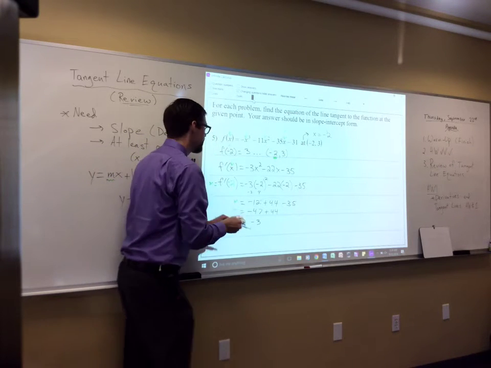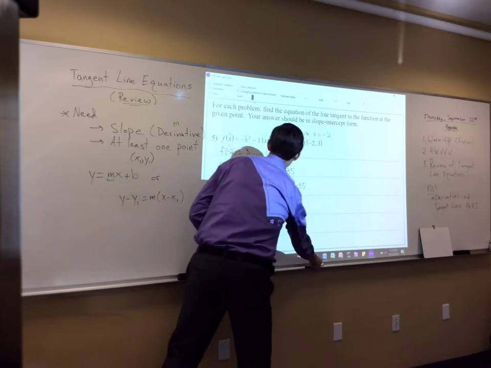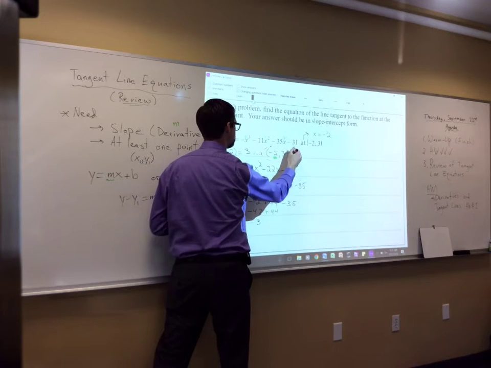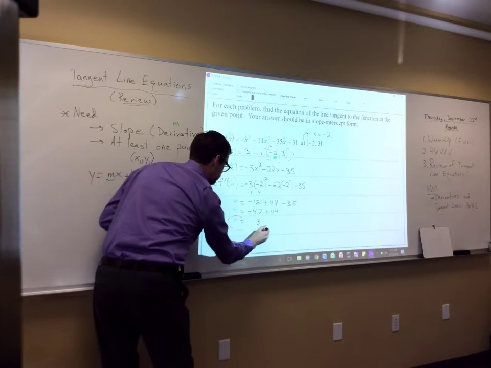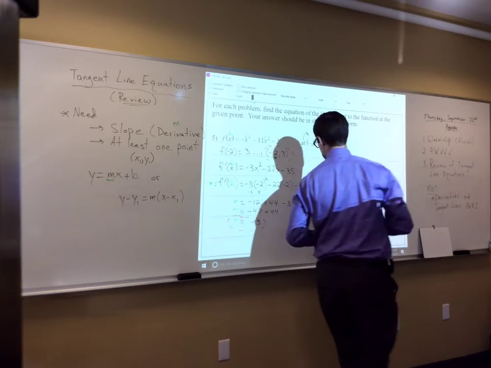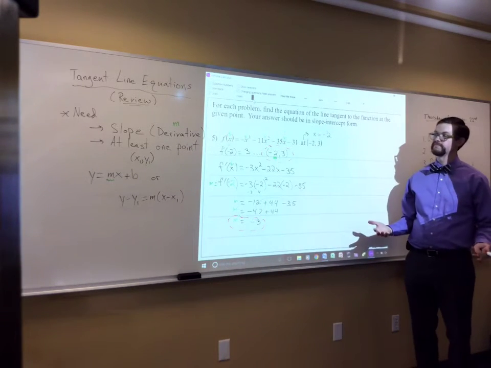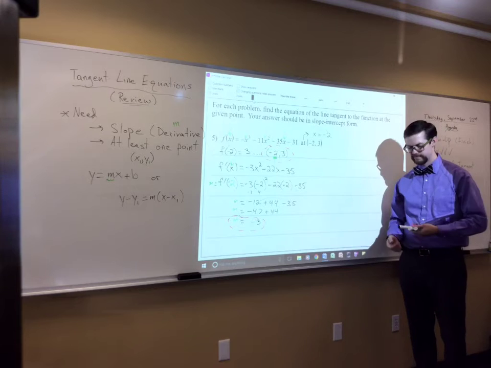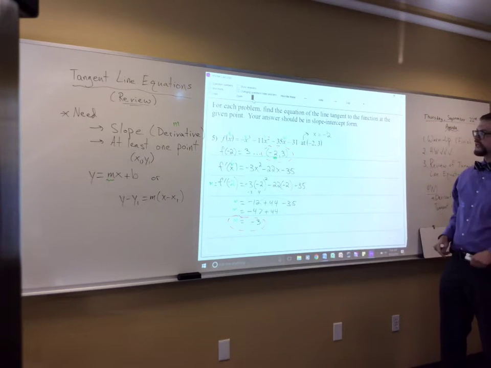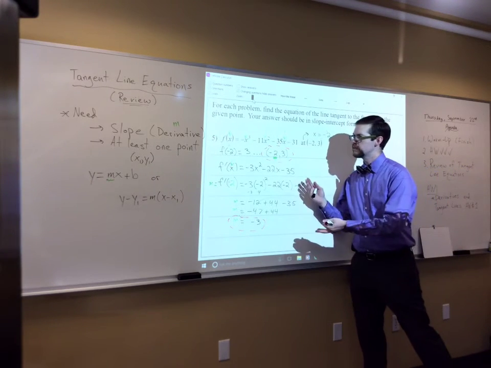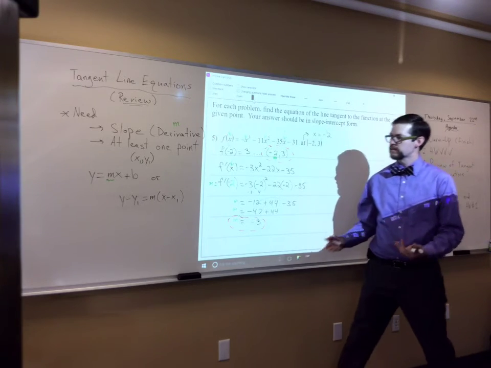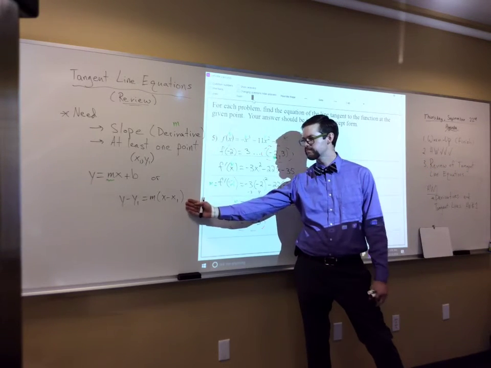So I ended up finding the two things that I needed, right? I have a point, I have a slope. That's what I need to write the equation for a line. In this case, a tangent line. Let's do that. Now, when I'm given a point and a slope, I would recommend using the point-slope formula.